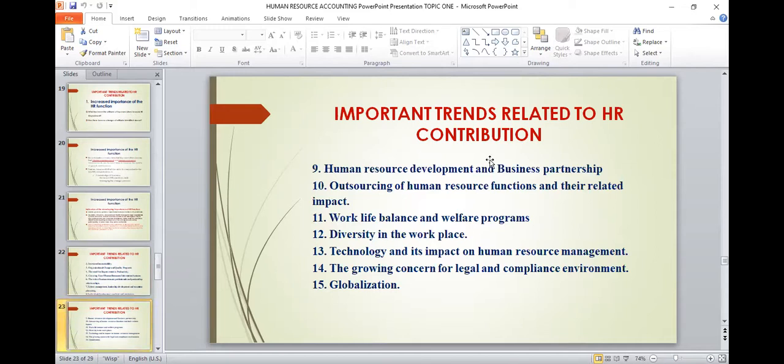We've talked about work-life balance and the welfare programs. These are improvements. Diversity at the workplace. These are the times when the workplace has been characterized by a lot of diversity, from skills, from cultural backgrounds, educational backgrounds, and so on.